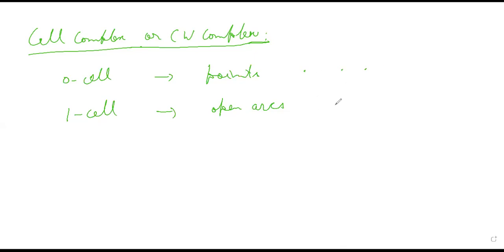For example, you can consider an open interval, where the endpoints will not be there, or you can consider the interval from -1 to 1 in R. This is usually homeomorphic to open arcs, or one cells.